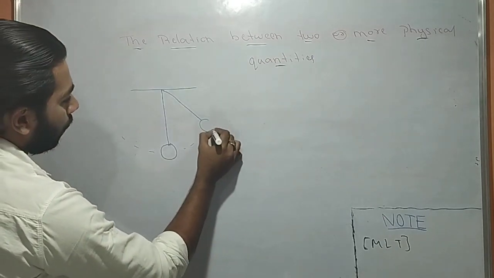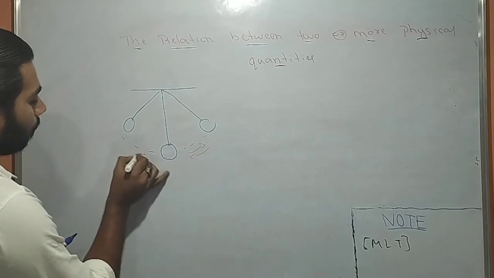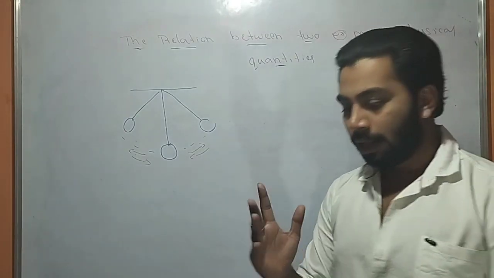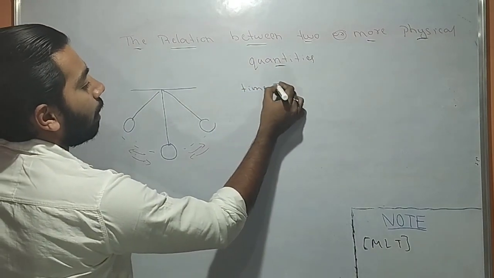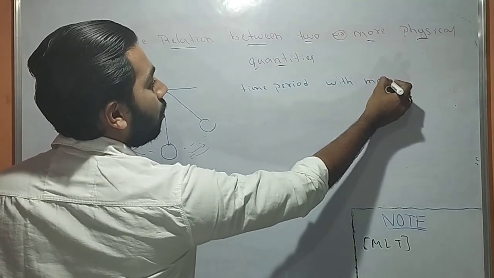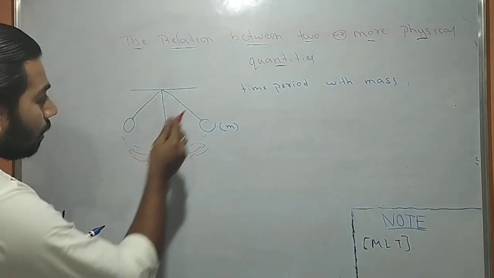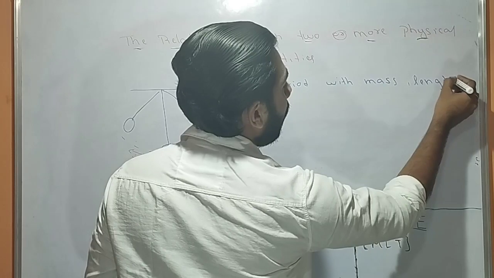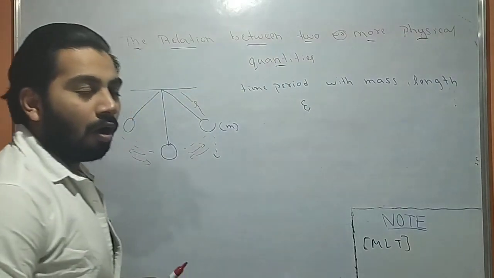They have given you this and they said to relate the time period of this simple pendulum with the mass of the pendulum, the length of the pendulum, and the gravitational force which is always acting.